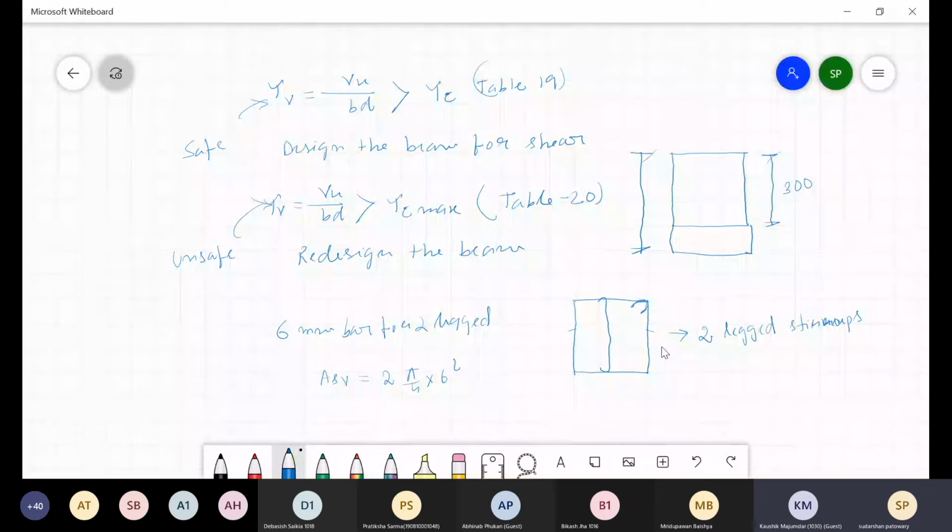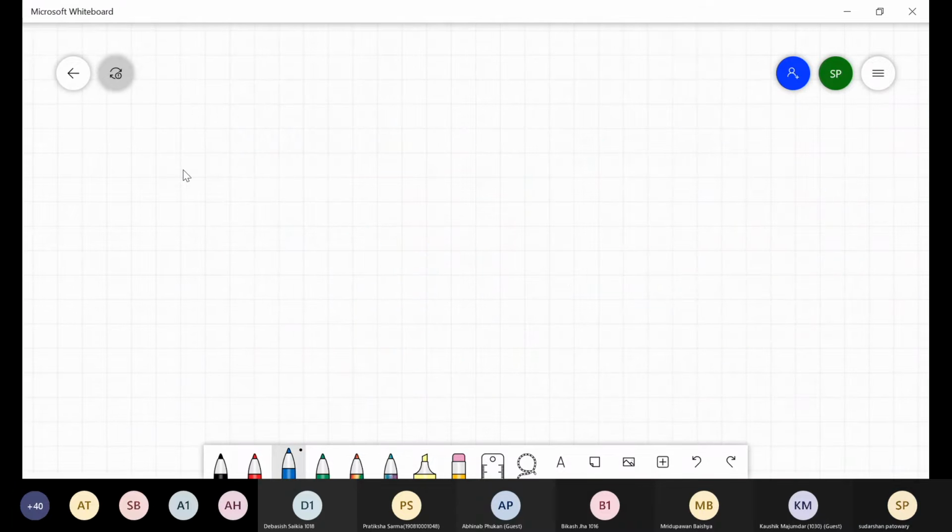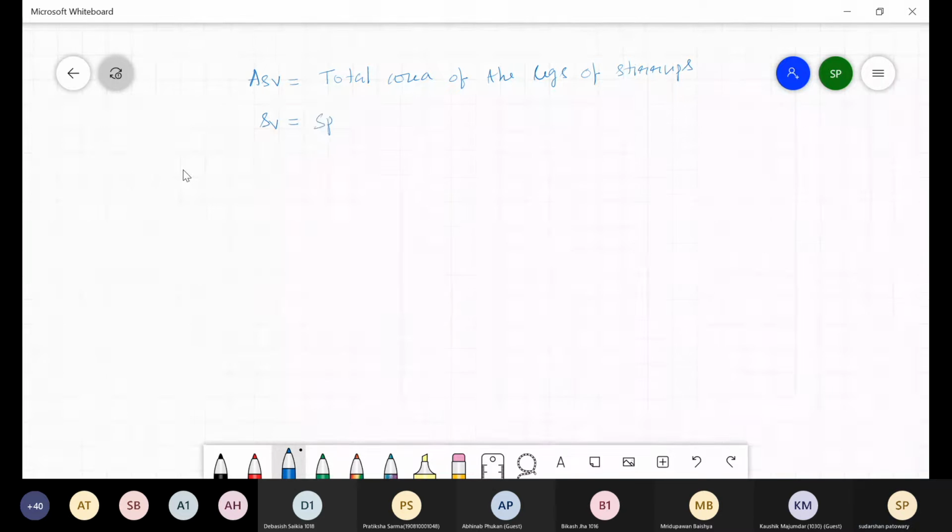Now, if ASV is the total area of the legs of the stirrups or shear limbs of stirrups, and SV is the spacing of stirrups.